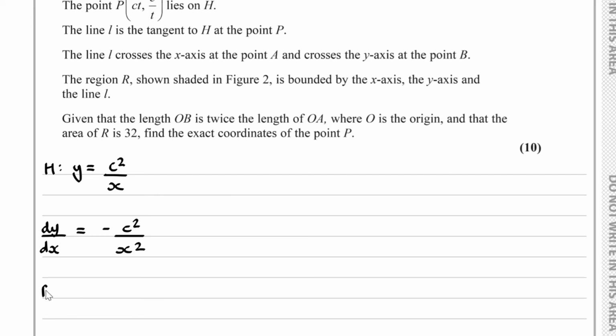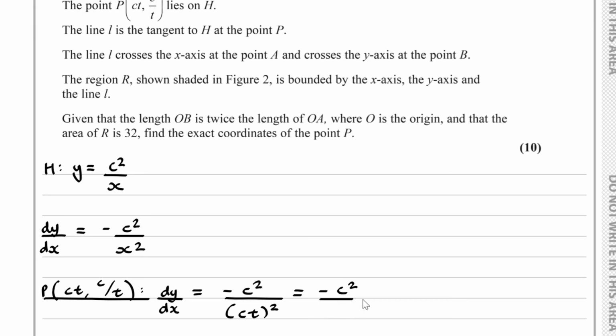So considering this point P with coordinates ct and c over t, we have dy over dx, which is equal to minus c squared over x squared, and notice x over here is ct, so we have ct squared, so we have minus c squared over c squared t squared, so we have minus 1 over t squared.